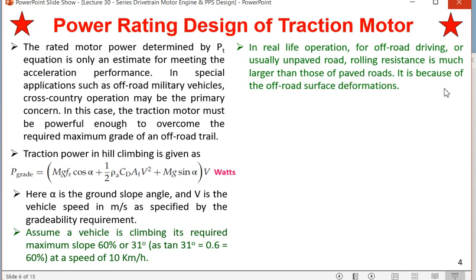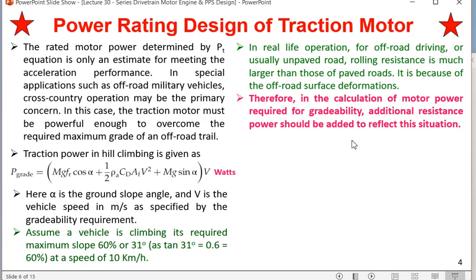Paved road means rolling resistance is very small, like a cement road. Whenever it is going off-road, rolling resistance becomes high because of off-road surface deformation. Surface deformation will obviously increase the value of Fr. Therefore, in the calculation of motor power required for gradability, additional resistance power should be added to reflect this situation.